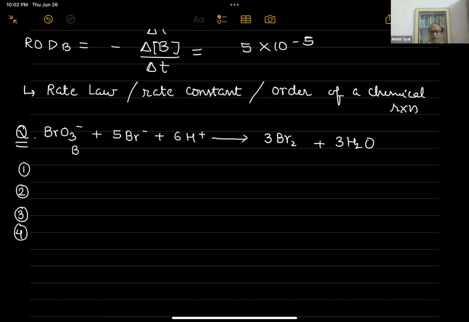You have the concentration of BrO3 minus, got it? You have the concentration of Br minus. These are different reactions.